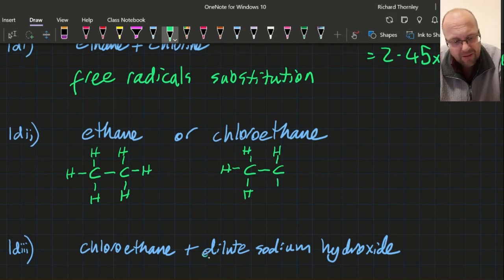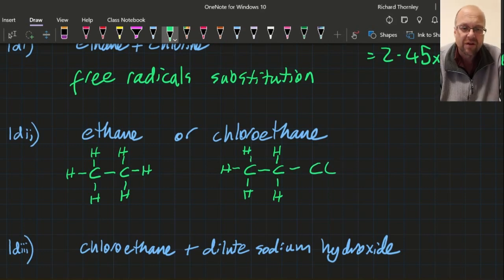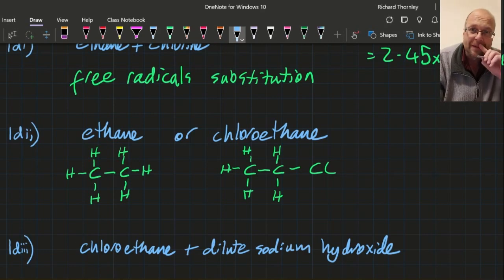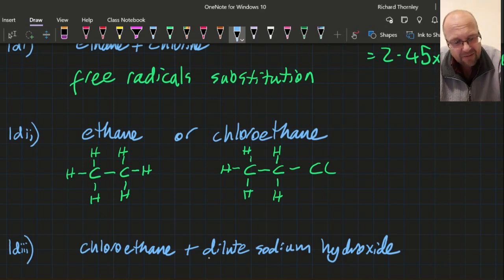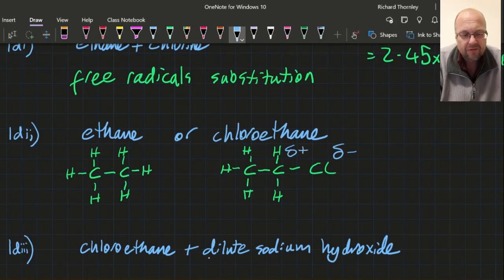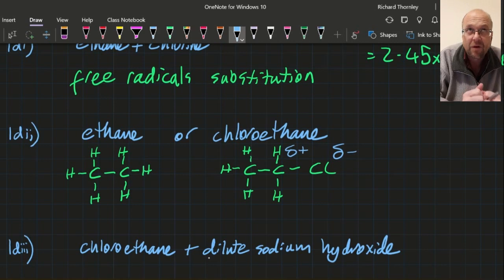That explains why the alkanes are unreactive. Okay, you can set fire to them, but you can set fire to a lot of things. The reason chloroethane is more reactive is it has a negative and a positive part. So nucleophiles, things that love positive things, can attack the carbon, and electrophiles, things that love electrons, could attack the chlorine.